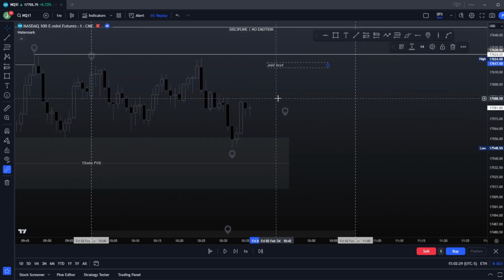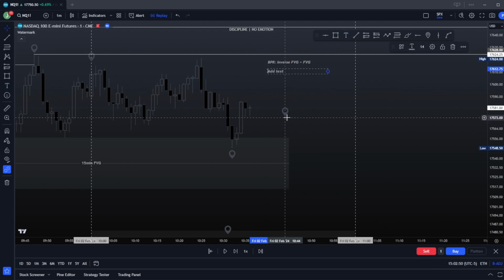A BPR is an inverse fair value gap that is overlaid over a regular fair value gap.